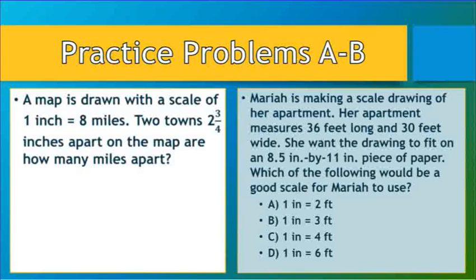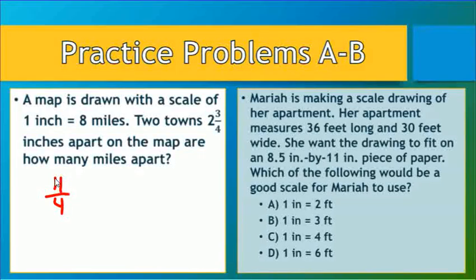Here they're telling us that 1 inch is 8 miles. So if it's 2 3/4 inches apart, I'm going to put that as an improper fraction. So I have 2 times 4 is 8 plus 3 would be 11. So we have 11/4 of an inch.